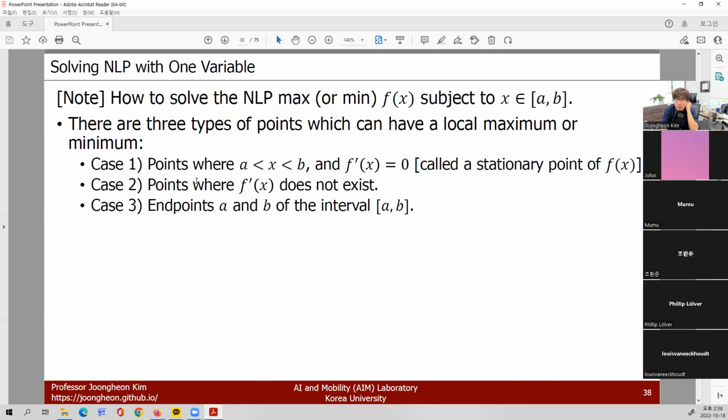That's straightforward, right? If there is no stationary point when we take the first order derivative, then the interval endpoints will be the solutions. Okay, so the endpoints A and B of the interval will be your desired values.